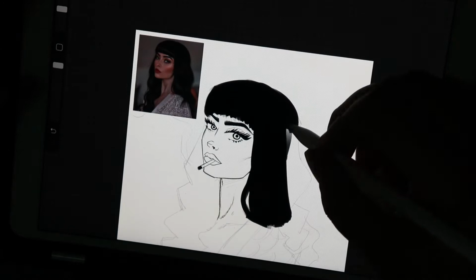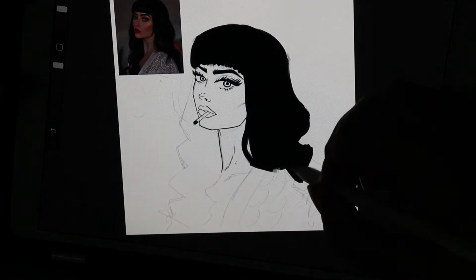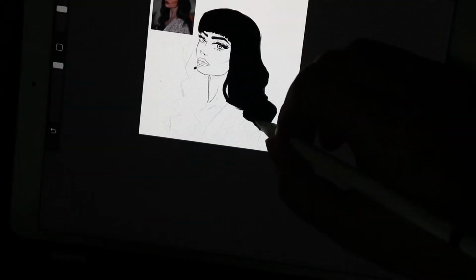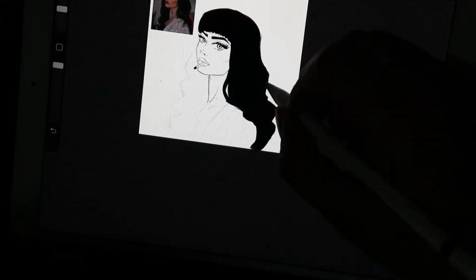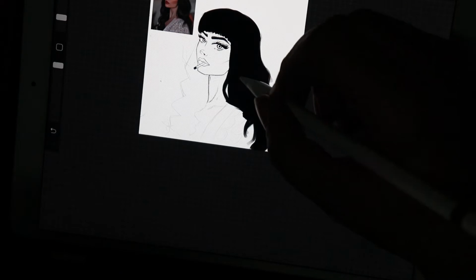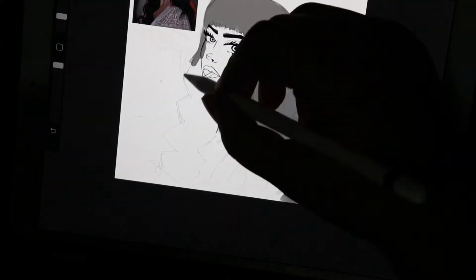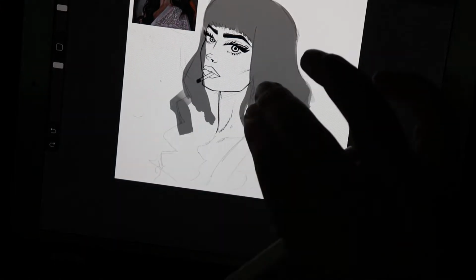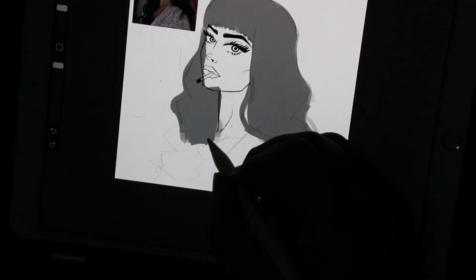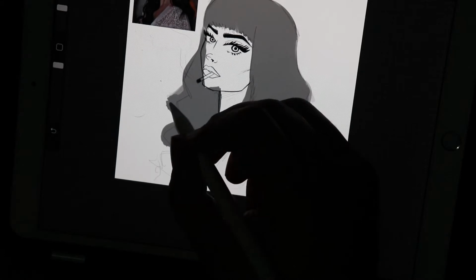So for this piece, what I had in mind was a girl smoking a cigarette with a weird mist coming out of the cigarette. There's something mysterious and probably magic about it, some magic elements. So I was looking at different pictures.